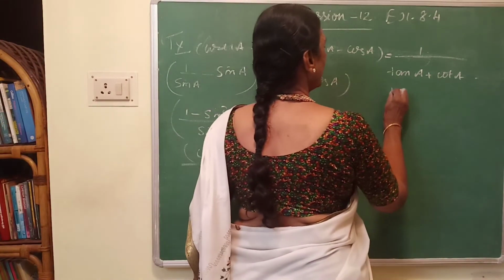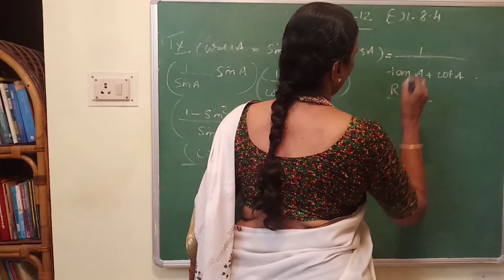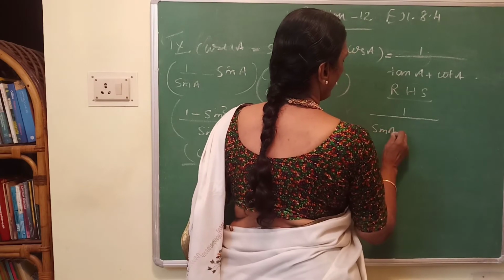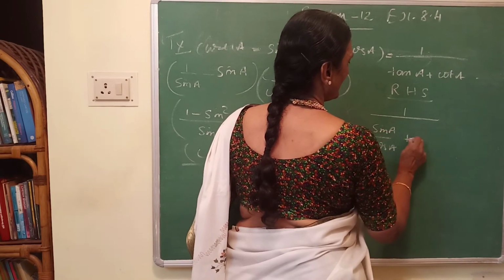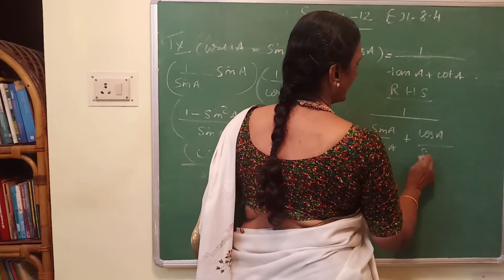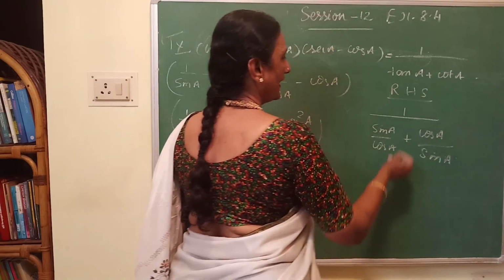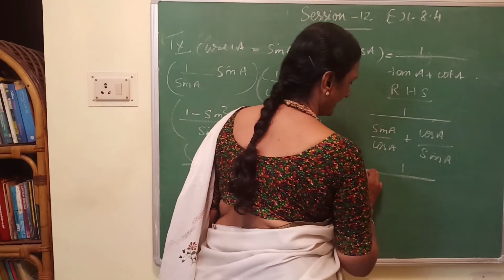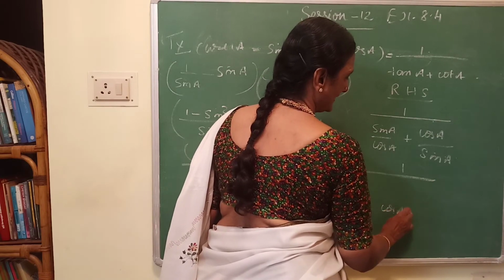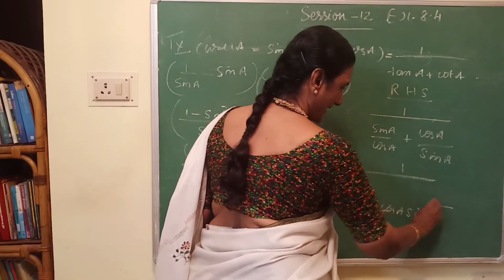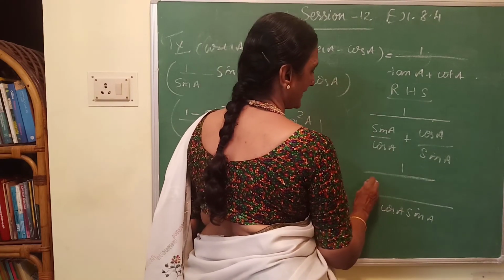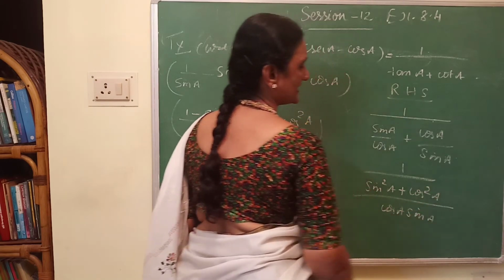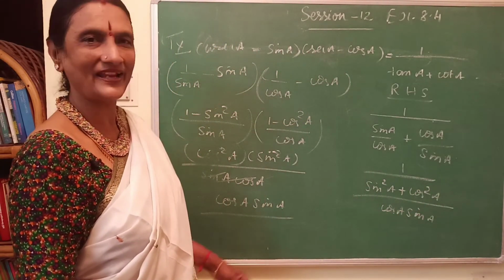So RHS, how does it get simplified? 1 divided by sin A by cos A plus cos A by sin A. Now the denominator, first we have to simplify that. So 1 divided by, cos A sin A is the common denominator, and then here multiplied by sin, you will get sin square A plus cos square A. Obviously sin square A plus cos square A is 1.